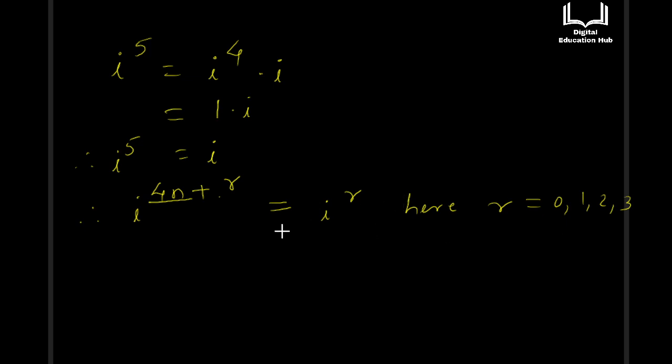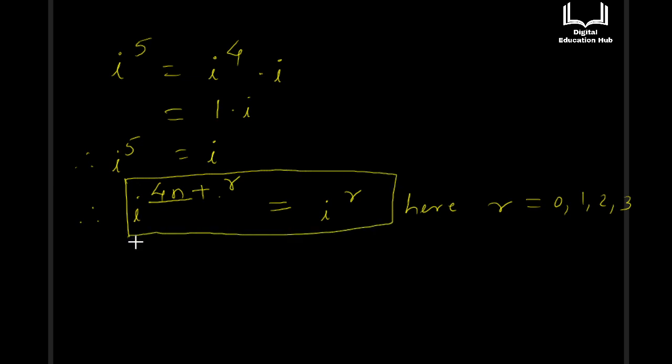So i raised to 5 becomes i, so i raised to 9 also becomes i. So I can say that i is equal to i raised to 5 is equal to i raised to 9, i raised to 13, like that.